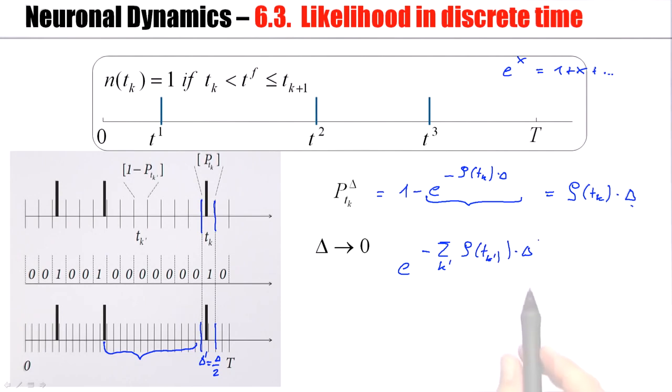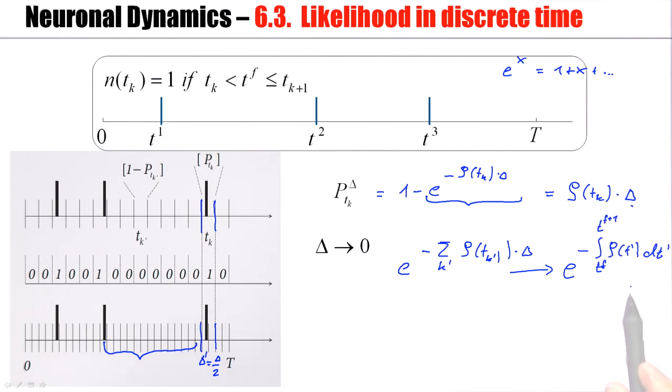If I take the limit of delta to 0, then this transforms back into our known integral of rho of t prime dt prime. And the intervals go over all these silent periods from a first firing time to the next firing time.